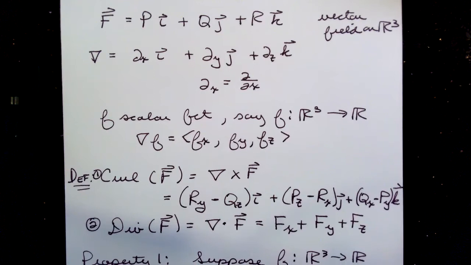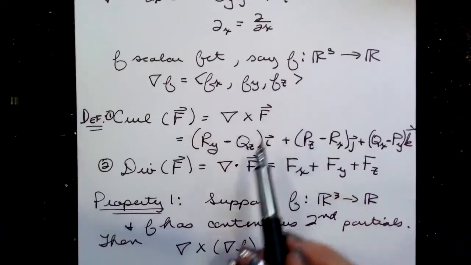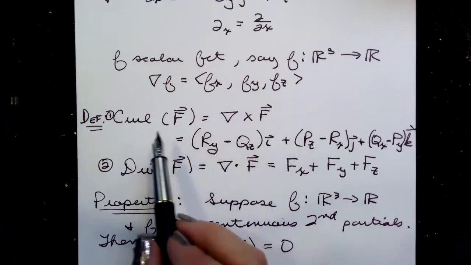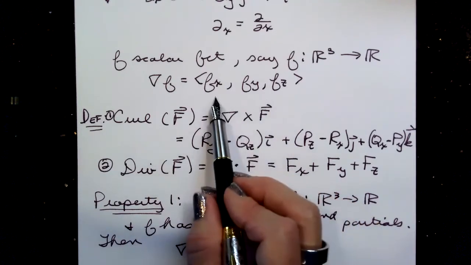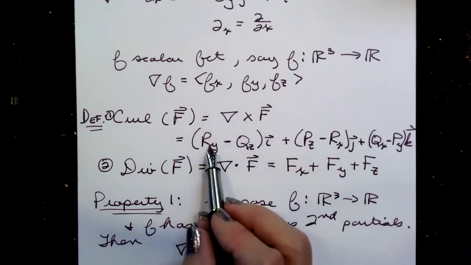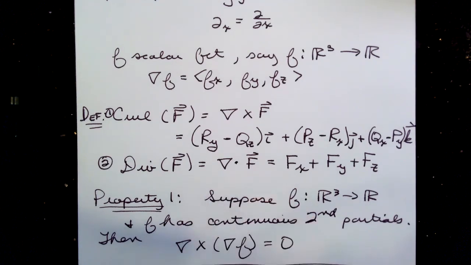Actually that's really easy to show, because when you take the curl of the gradient of f, well, here's the definition of the gradient of f. And now we want to take the curl. So R is the third component, Q is the second component, and P is the first component. So I'm taking f sub y, f sub z.